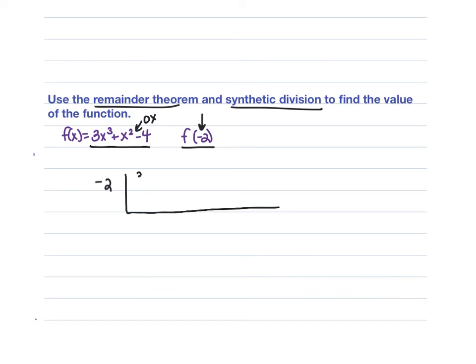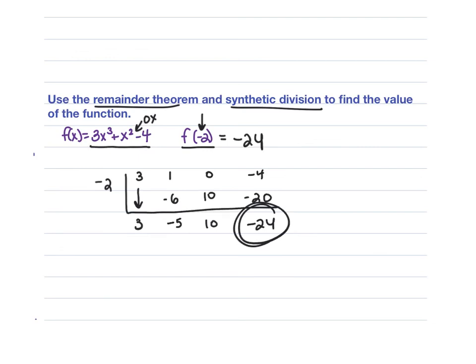Write my coefficients, 3, 1, 0, negative 4. Bring down the first one, multiply it by what's on the outside and put it in the next column. Add it. Multiply it by what's on the outside, put it in the next column, and add it. Multiply it by what's on the outside, put it in the next column, and add it. And the remainder is the last number, which is the same as what I would get if I plugged in negative 2.